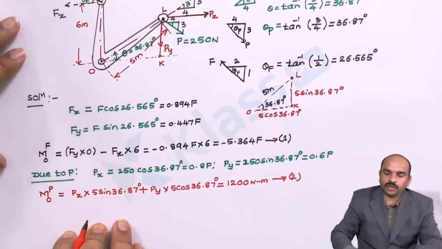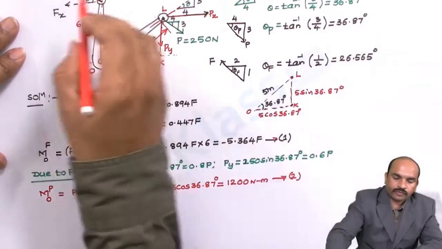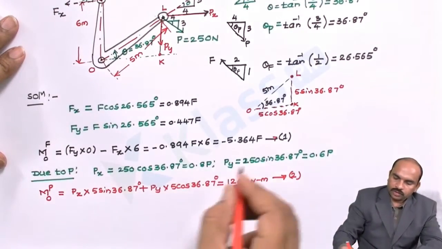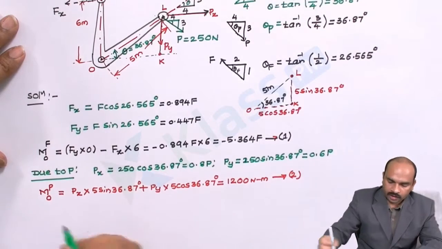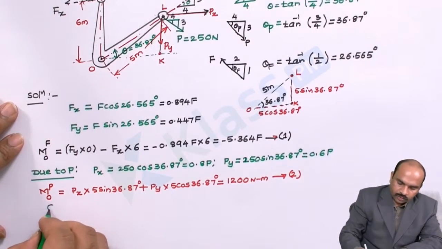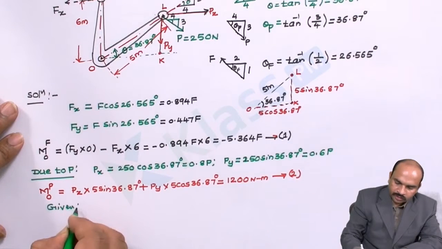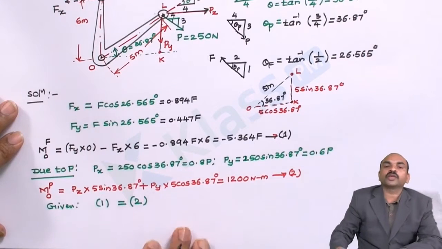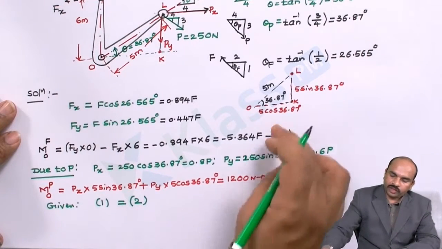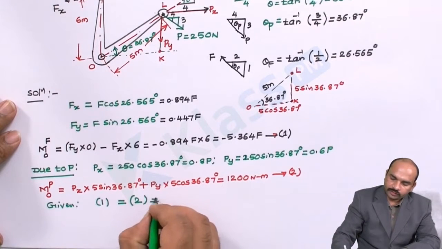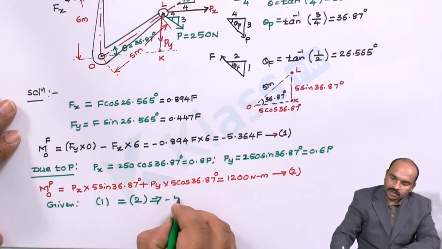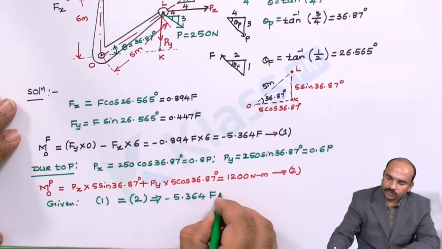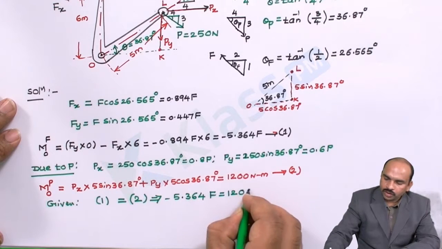But in the problem it is given that the moment of force F about O balances, meaning equal to the moment of P. So from the given data, equation 1 is equal to equation 2. So equating 1 and 2, that is minus 5.364 F is equal to 1200.